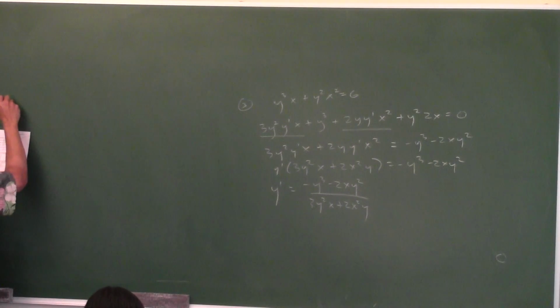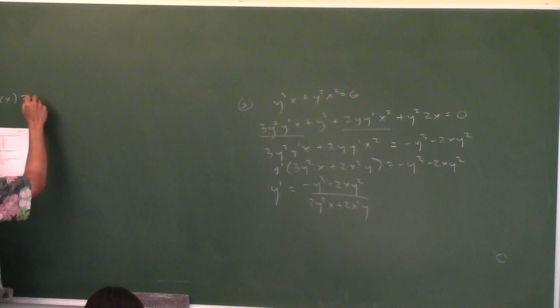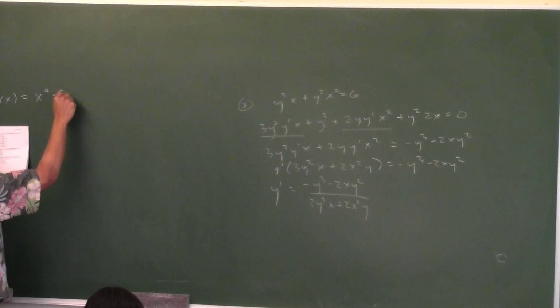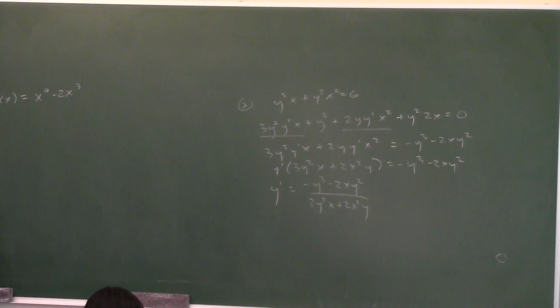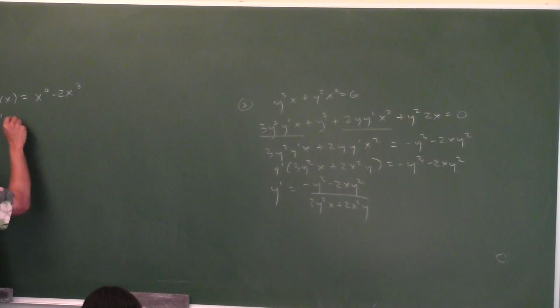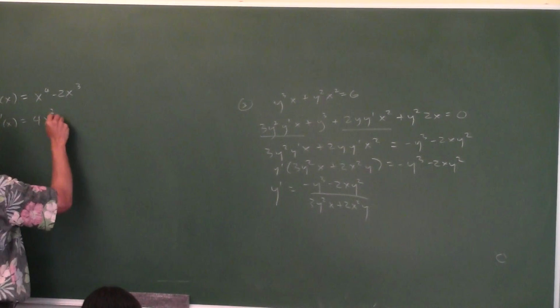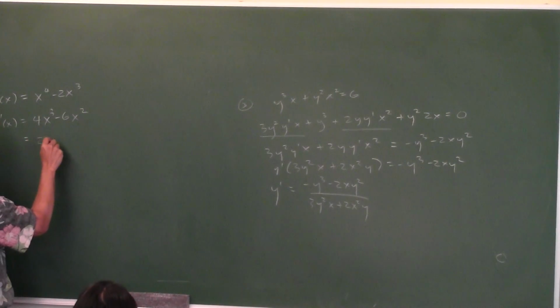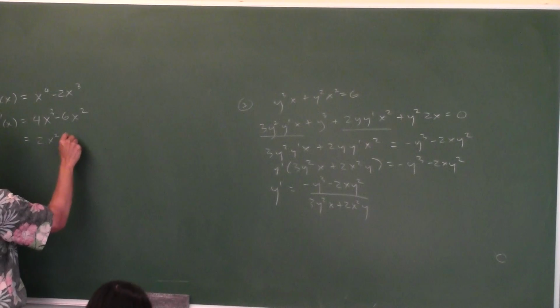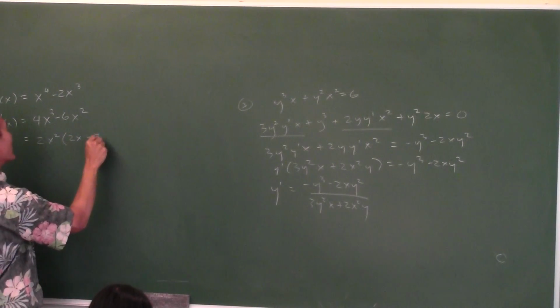Which of the following statements is true? Now they're talking about extrema, which is what? Maxes and mins, and they're also talking about points of inflection. So how do you find max, mins, and points of inflection? You find the first derivative, and then you make a number line. I'll just do this quickly. So what can I factor out? 2x squared, and so you're going to get 2x minus 3, right?